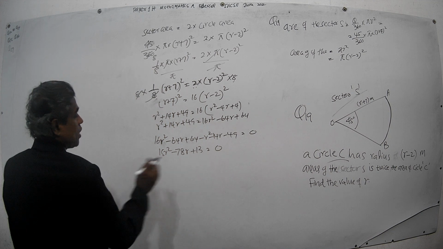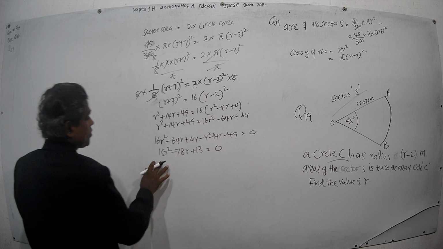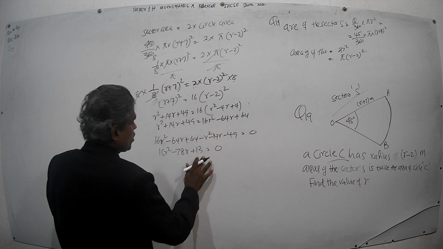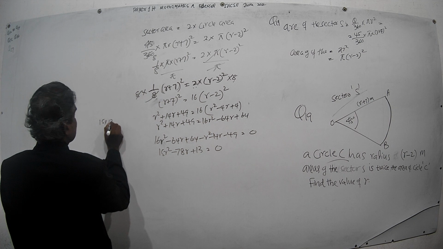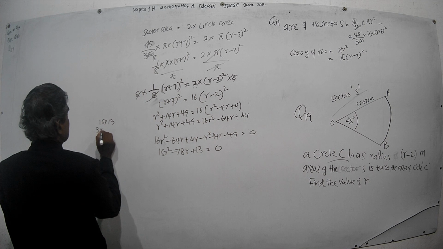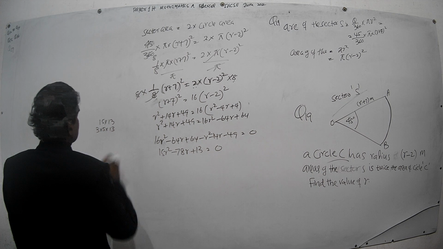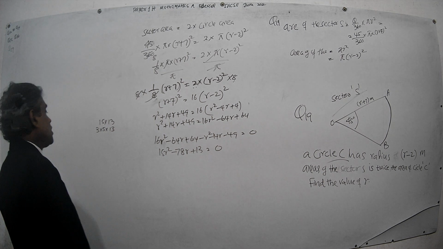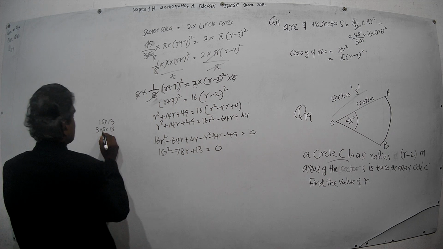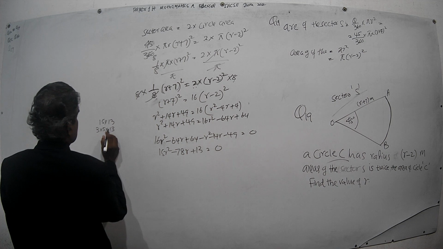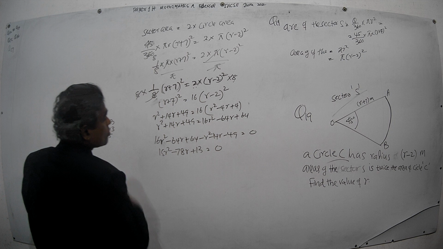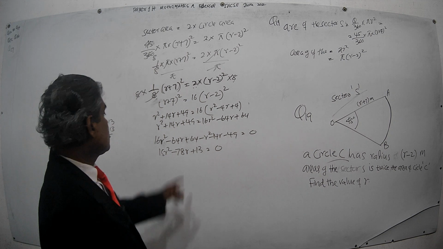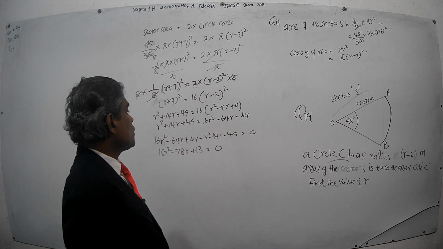Then 15, you have to find the factors of 15 into 13. You can write 3 into 5.